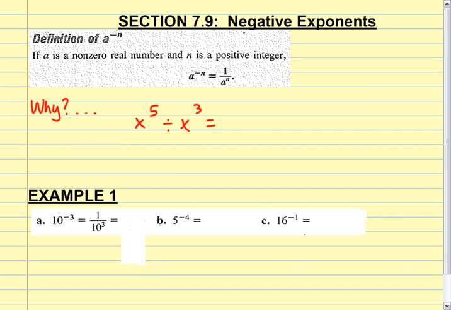X squared. When I'm dividing, I subtract the exponents. Do you agree that this is also the same as x to the 5th over x to the 3rd? And when I cancel, this is 1, 2, 3, 4, 5 over 1, 2, 3. I just subtract, and it gives me x squared.